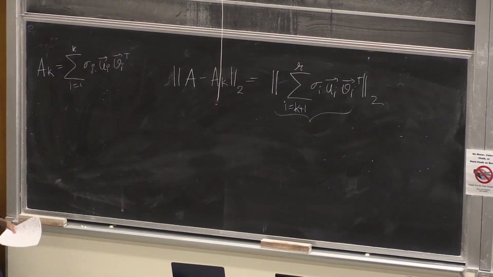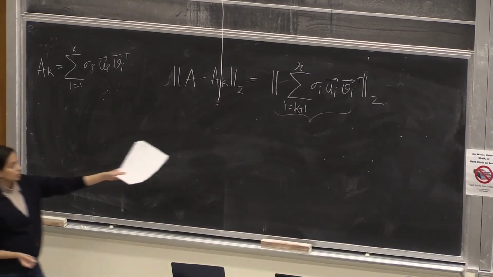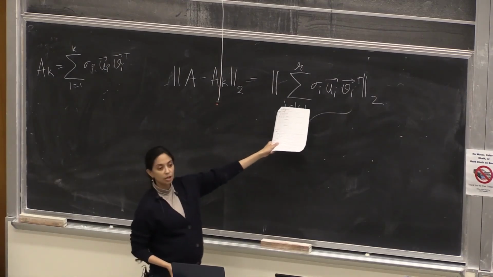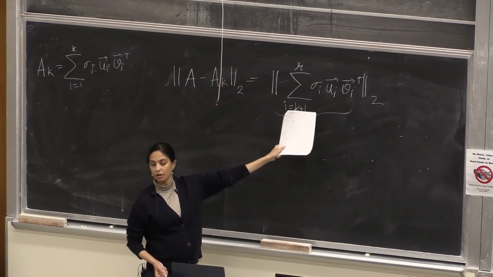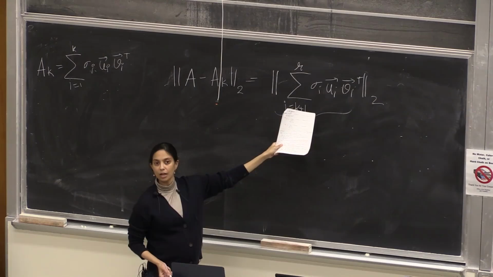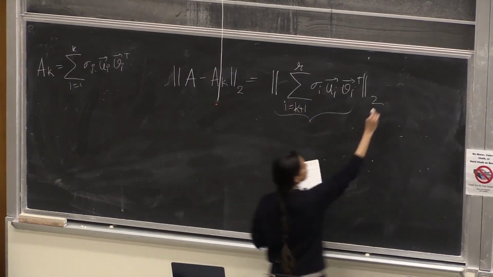Remember, what is the definition of the 2 norm? The 2 norm of a matrix is always the largest singular value of that matrix, right? So what are the singular values of this matrix? Sigma K plus 1, sigma K plus 2, sigma K plus 3, all the way up to sigma R. What is the largest singular value of this? Sigma K plus 1.